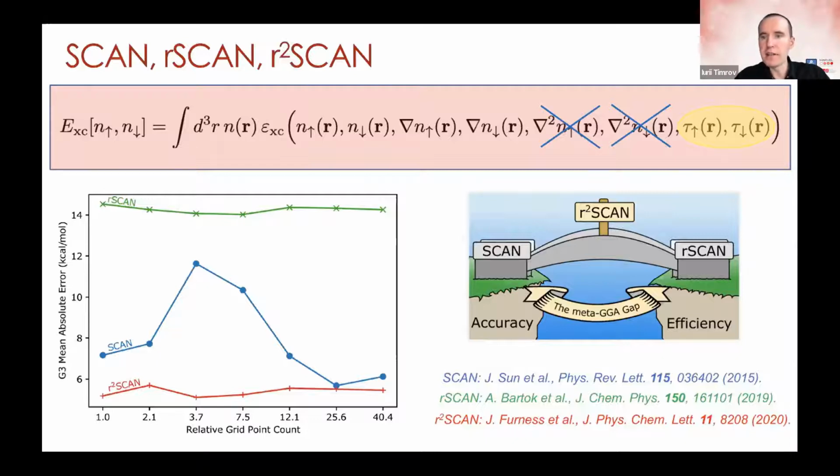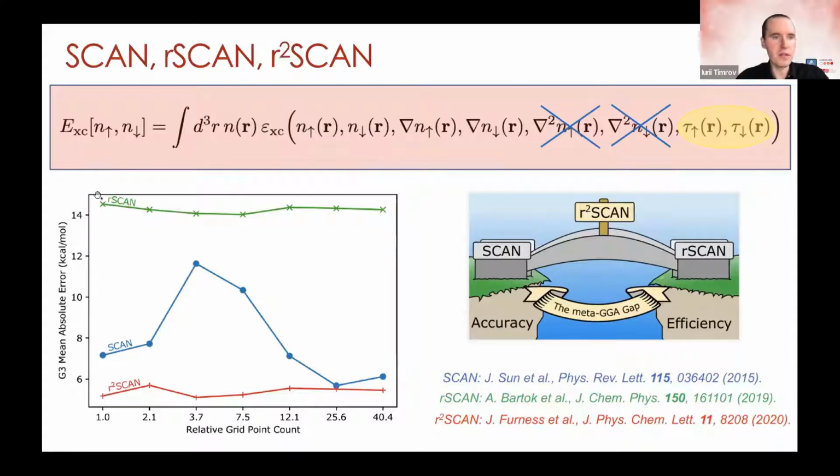However, this violated some known constraints, so we sort of lose a little bit in terms of accuracy. And then later on, again, people tried to use the best of two worlds, the accuracy of SCAN and at the same time the numerical efficiency of rSCAN. So that was introduced, the r2SCAN, which is bridging really accuracy and efficiency.